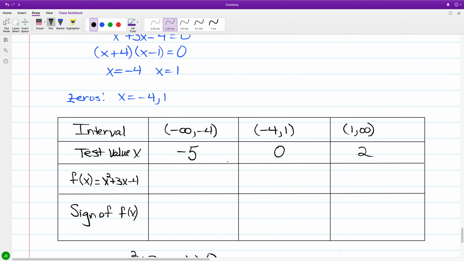Applying these inputs, if I plug in negative 5 for x, negative 5 squared is positive 25. 3 times negative 5 is negative 15. 25 minus 15 is 10. 10 minus 4 is a positive 6.